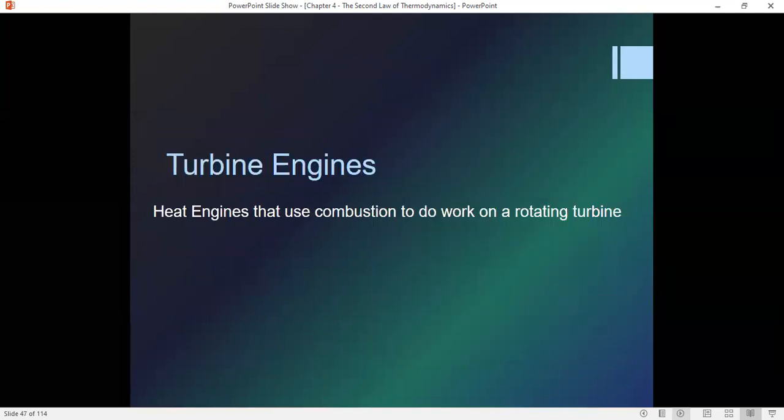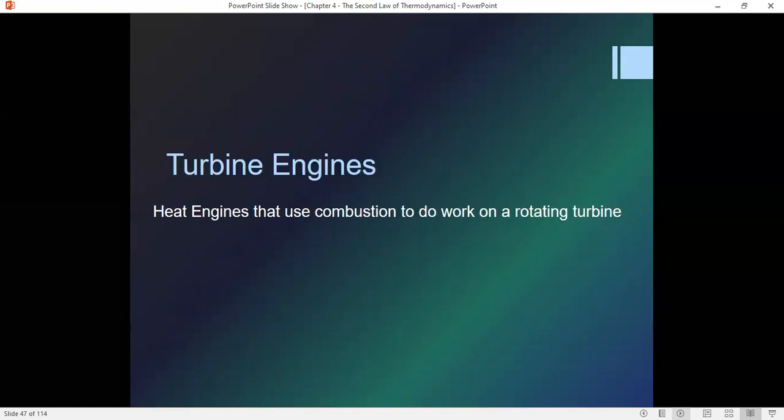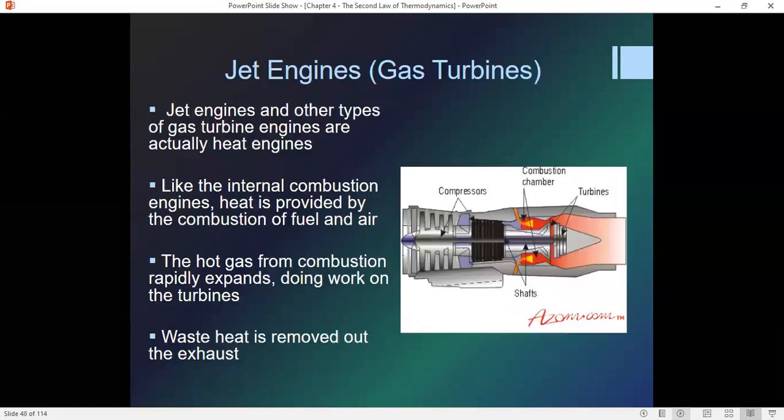Turbine engines are also heat engines. However, instead of a piston, we use a continuously rotating turbine. And instead of the gas undergoing different pressures and volumes at different times, it's happening continuously where the gas is experiencing different things at different parts of the engine. Now, this is a jet engine. It's a gas turbine engine.